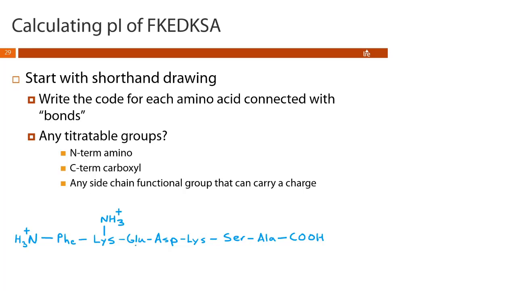Glutamic acid has a carboxylic acid side chain, which is titratable. Same thing for aspartic acid, and same thing for our other lysine. Serine and alanine, neither of those have a third pKa value, so neither of those side chains are titratable. Okay, so go ahead and see if you can finish this problem out and come up with a pI, and then we'll go over it together in the next video.